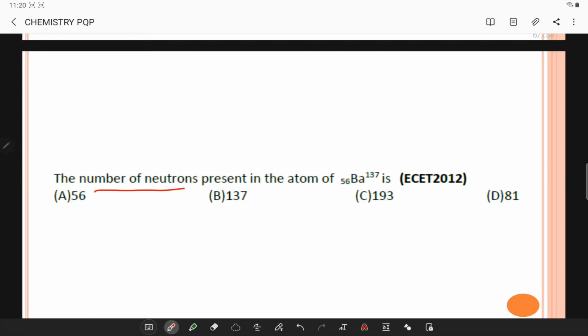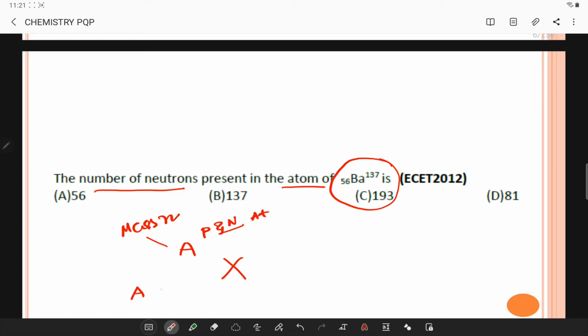The number of neutrons present in the atom of barium. If you observe any element, it will have the mass number, which is the number of protons and neutrons in the atom, and it will have the atomic number, which is the number of protons in the atom.